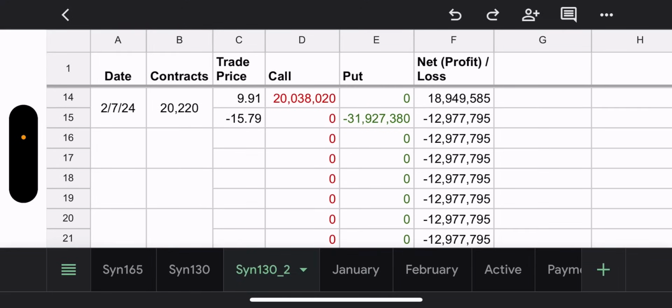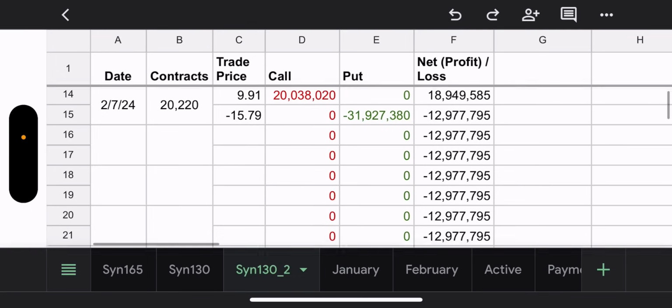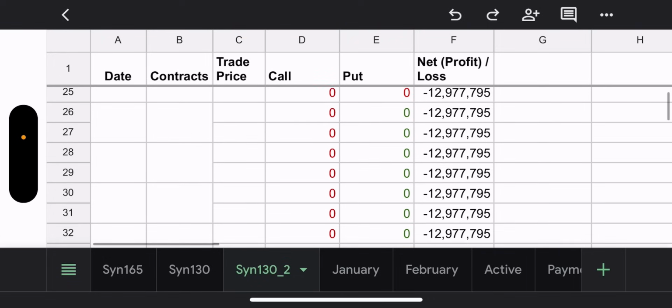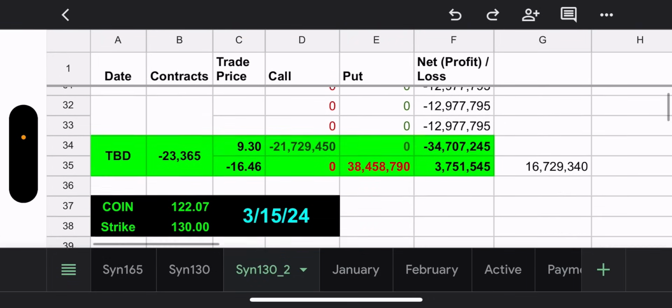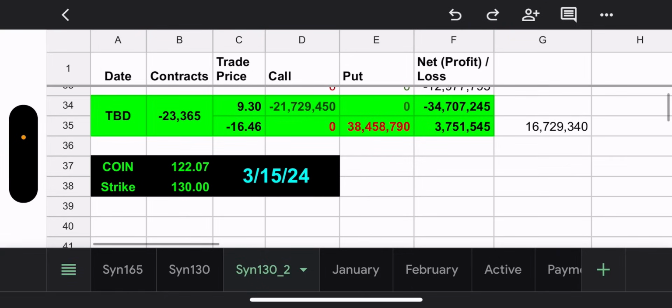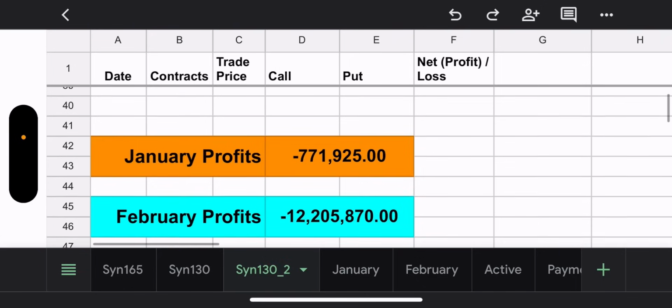So at least we gained 31.9 million on the credit, and then we only paid 20,000 for the buy call. This will be okay, assuming we can get above that strike price by the expiration of this synthetic. So right now, if we closed out this position, we'd lose 16 and an additional 16 million. But we have time, so I'm not too worried about this one.